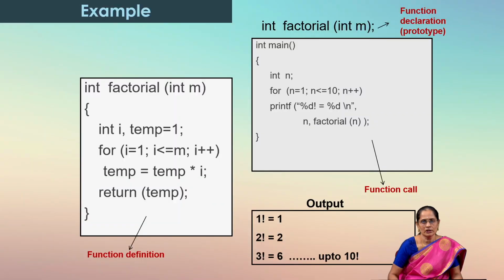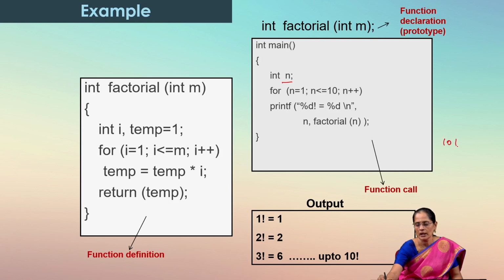In the main function we give a number as input. So, n is a variable taken as input from the user and we are calculating the factorial of n. According to this example, the value for 10 factorial is calculated.